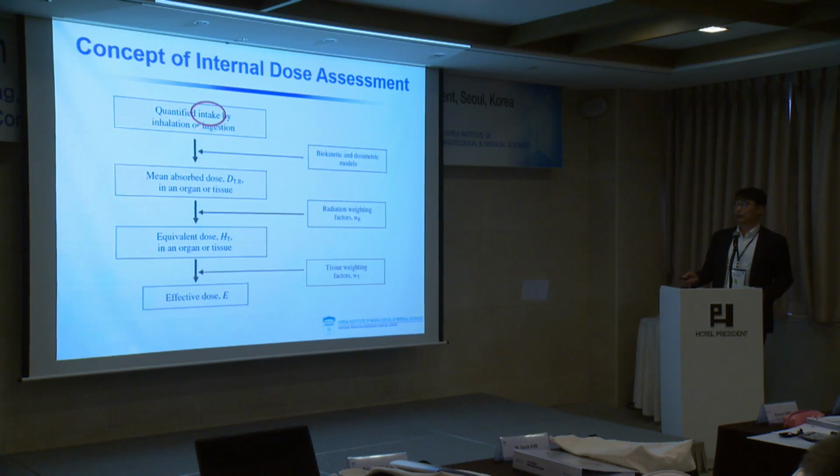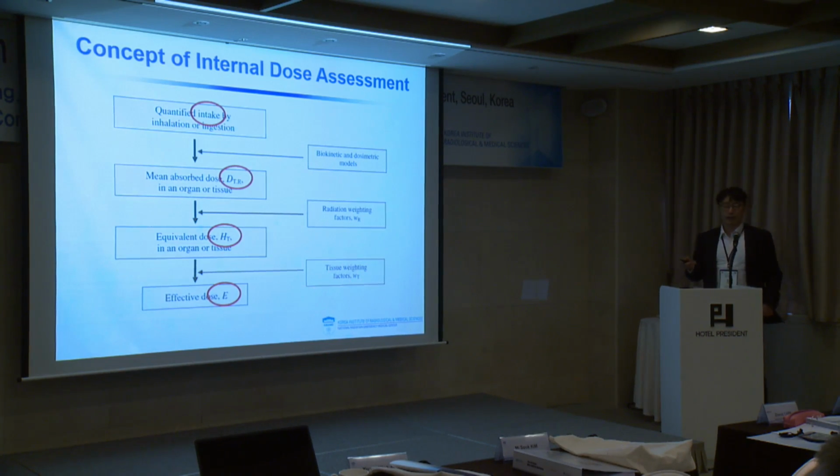And then using biokinetic and dosimetric model, we can calculate the mean absorbed dose, D T R, in a specific organ or tissues. And then applying the radiation weighting factor, we can estimate the equivalent dose in a specific organ and tissues. And lastly, applying tissue weighting factor, we can calculate the effective dose.